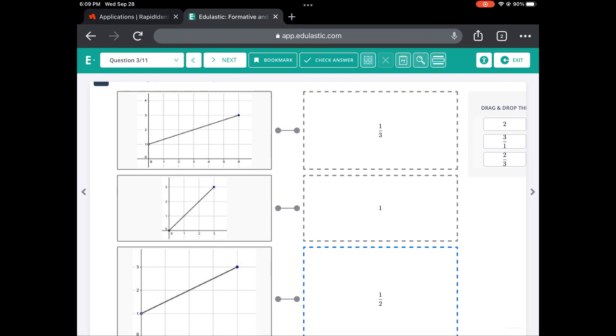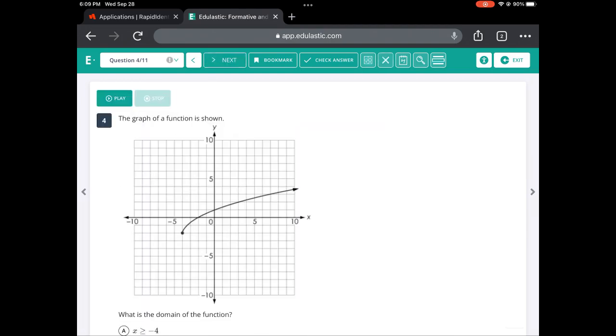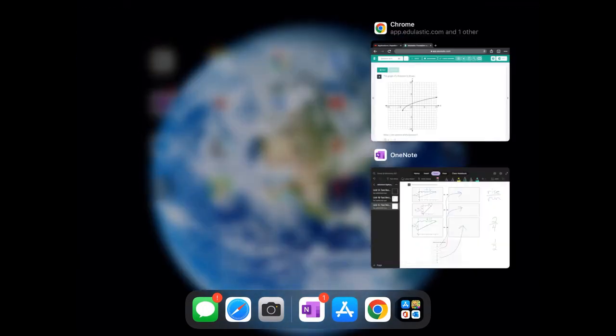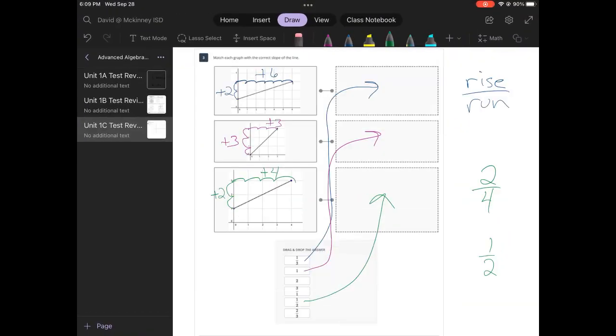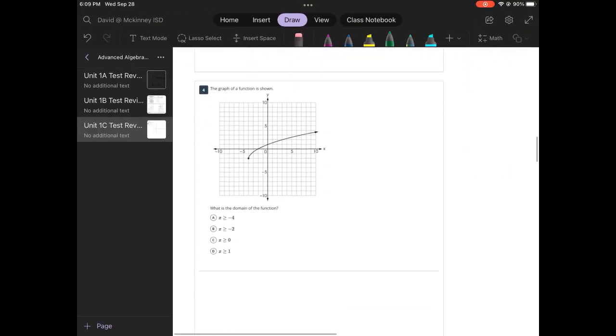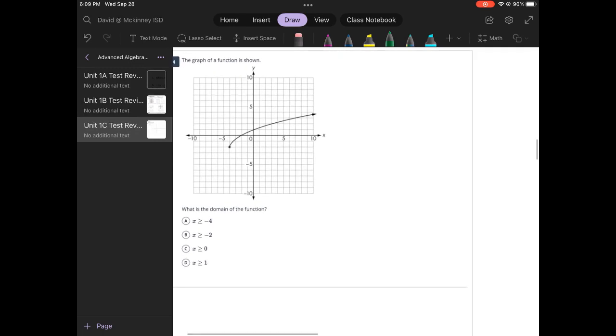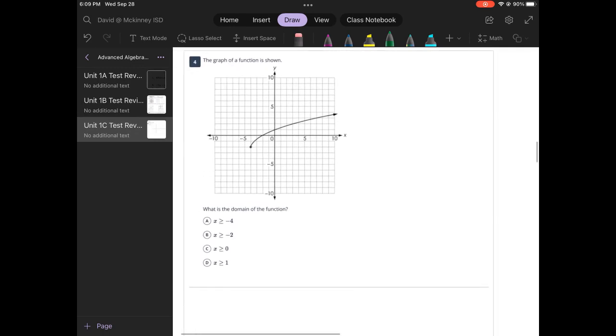Let's move on to question number 4. Notice this is a little bit different question type than what we had before. This is the graph of a function, and we're being asked in this particular problem what the domain of this function is.